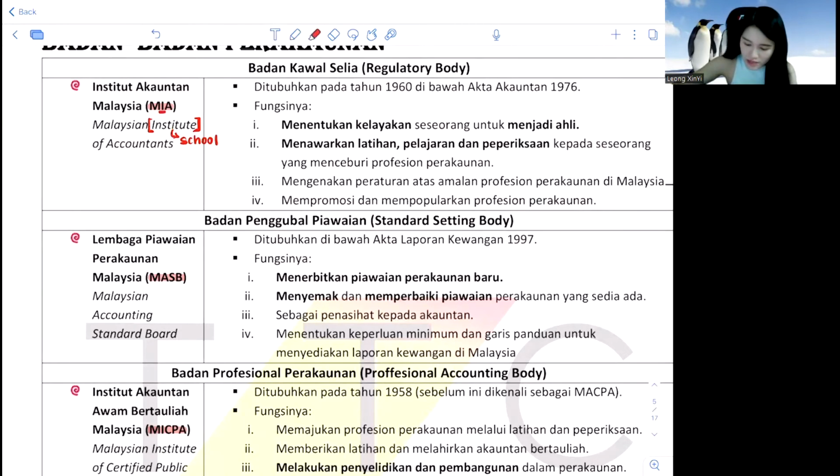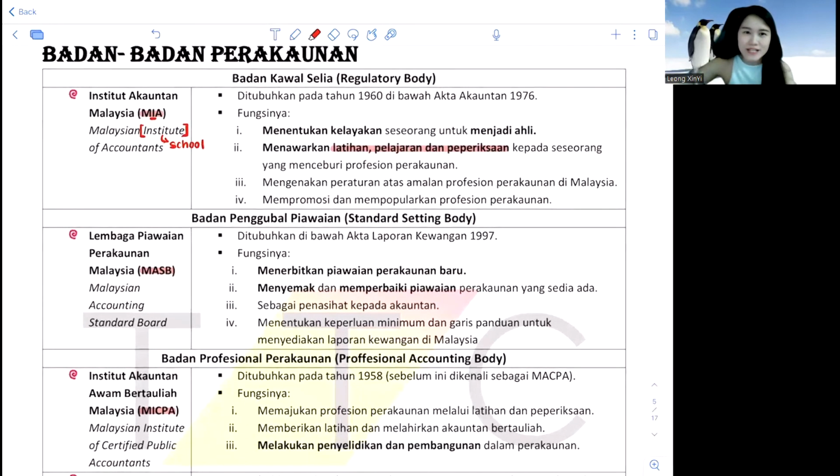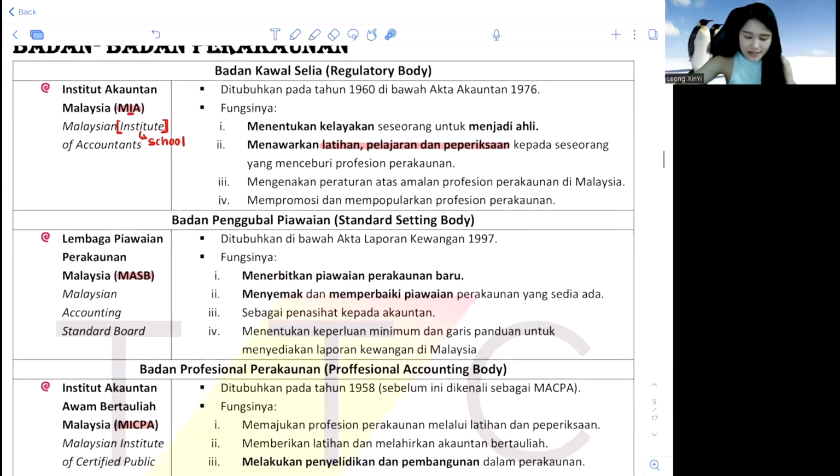So you see, there is latihan, pelajaran, dan peperiksaan. Okay, and also what else? Okay, this one is their popular question. They usually will ask you, manakah badan-badan perakaunan yang mempromosikan dan mempopularkan profession perakaunan? Your answer is MIA. So please highlight this point. Mempromosi dan mempopularkan profession perakaunan.